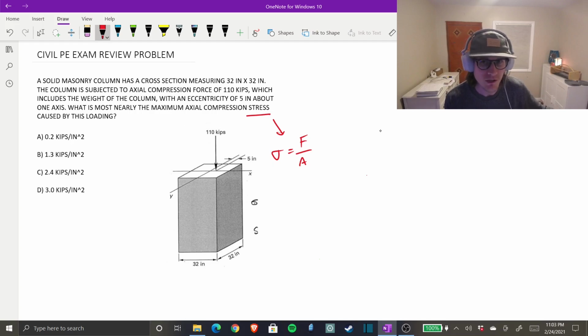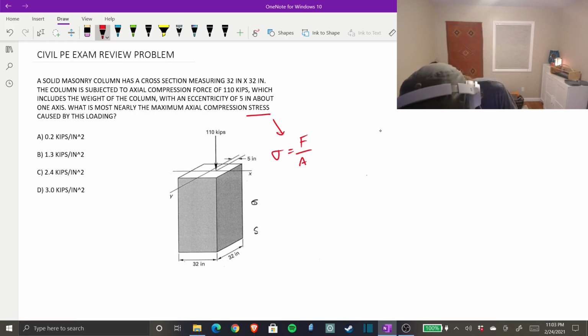But it's a force divided by an area. That is what stress is. So you need those two components in order to find a stress. That's the best bit I can tell you, at least from my own personal experience, that helped me the most. And as you can see here in all of our solutions, it is a force over an area. So that is stress.